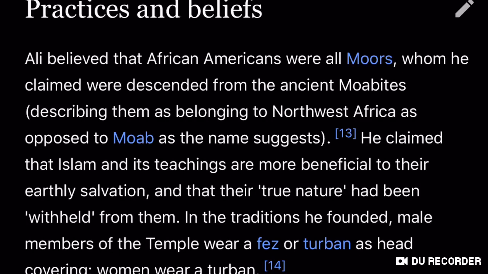So that means he telling you the words he's saying ain't just surface information. You gotta think deeper, go deeper into what he's saying. It ain't just what the words on the page say. So I believe that African Americans were all Moors.